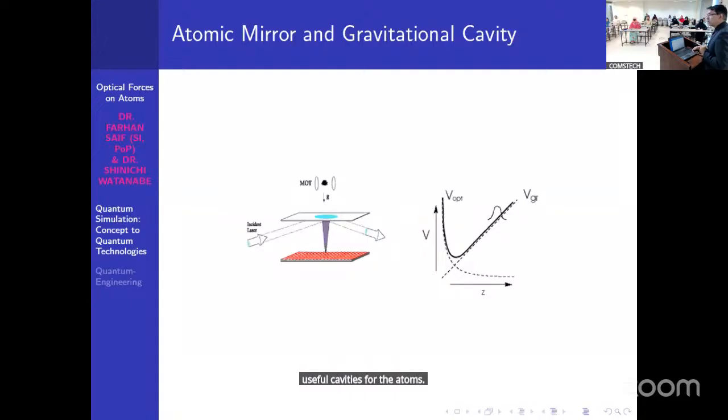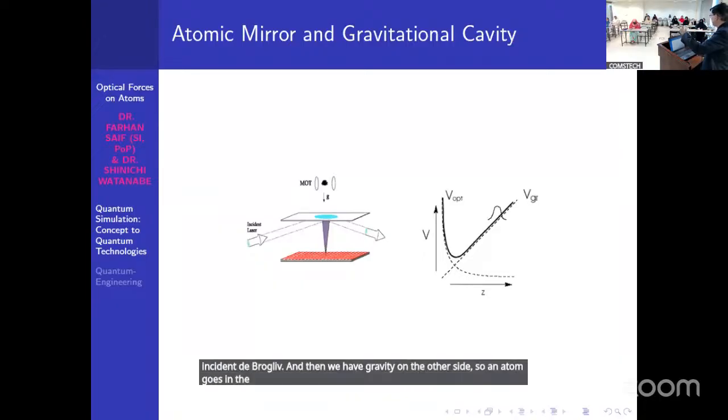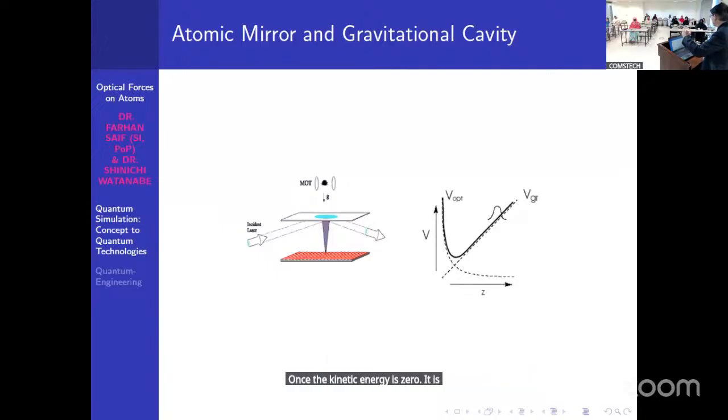So we have on one side the mirror, which is the atomic mirror. It reflects the incident de Broglie wave. And then we have gravity on the other side. So the atom goes into gravity, exhausts its kinetic energy. Once the kinetic energy is zero, it is a turning point. It comes back again to the mirror and again bounces.